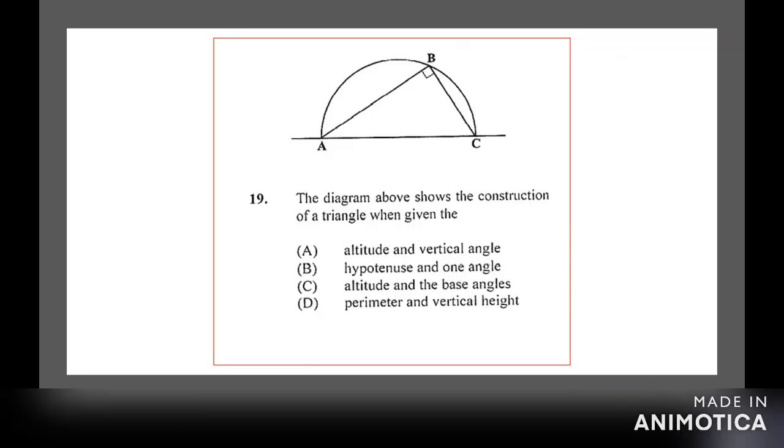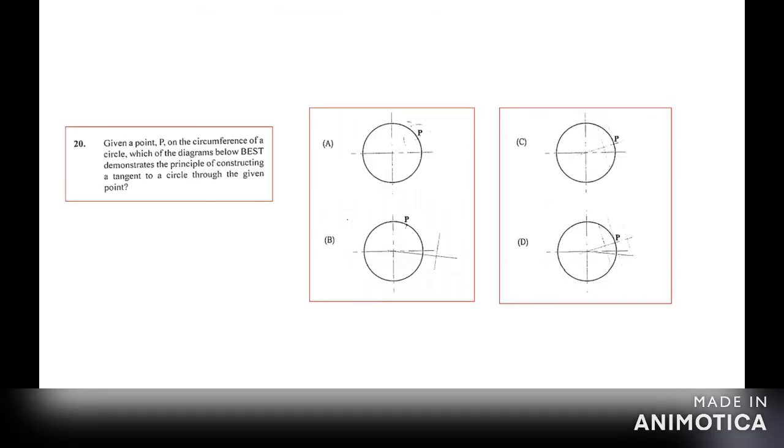Number 20, given the point P, and you see these are a bit hard to see. The answer for this one would be A. Which of the diagrams below best demonstrates the principle of constructing a tangent to a circle through a given point.